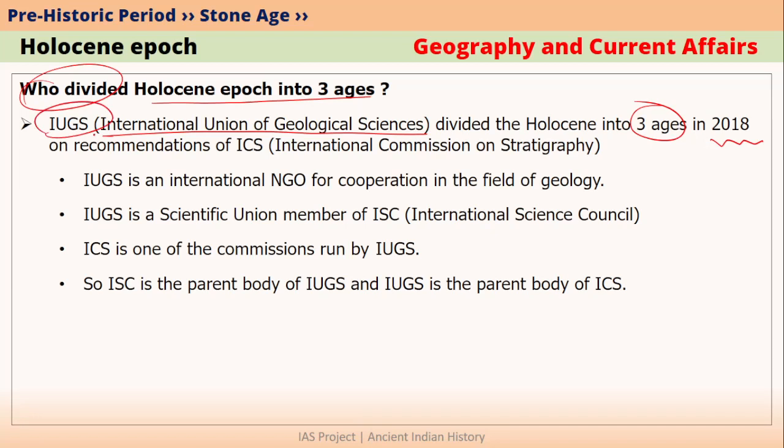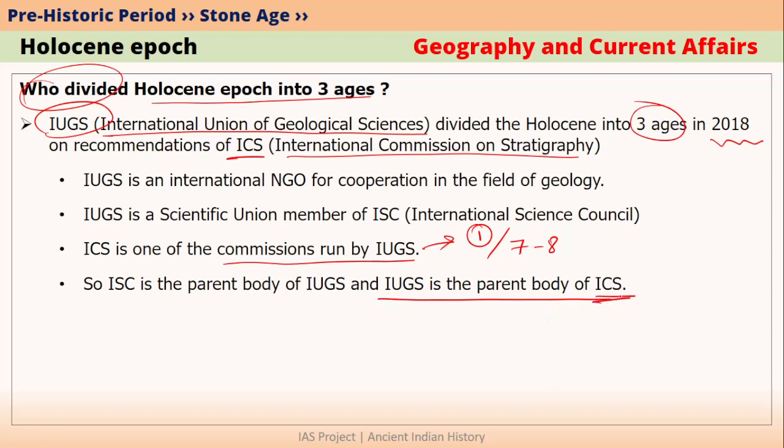Whatever IUGS did was on the recommendations of ICS, which is nothing but International Commission on Stratigraphy. International Commission on Stratigraphy is one of the commissions run by IUGS. I think IUGS runs around 7 or 8 commissions, and ICS is one among these. So IUGS is the parent body of International Commission on Stratigraphy.